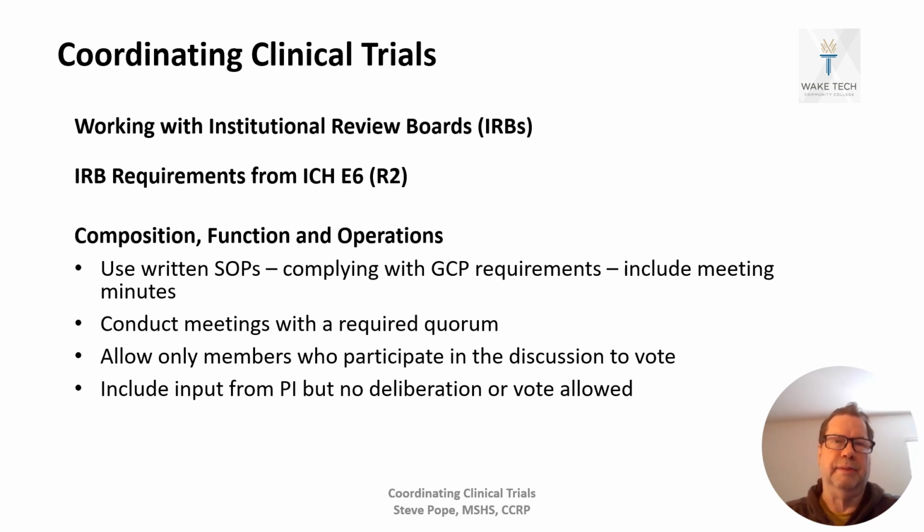So a PI may be a member of the local IRB membership committee, but when that occurs, they have to recuse themselves from the discussion about the protocol and from any voting. Now, they can be on hand to answer questions that the IRB may have, but they're not allowed to vote on the study approval.